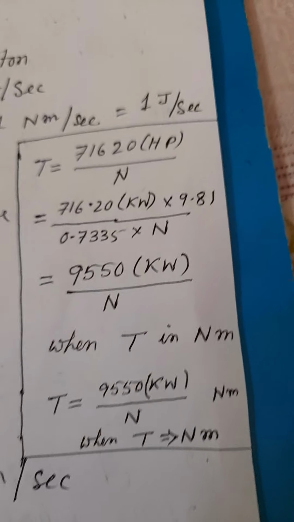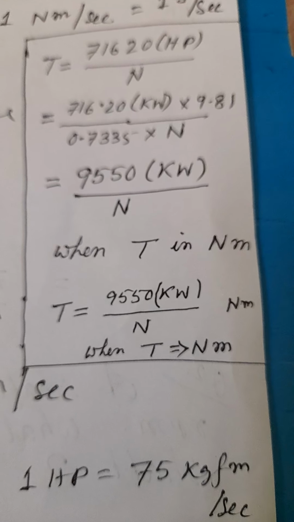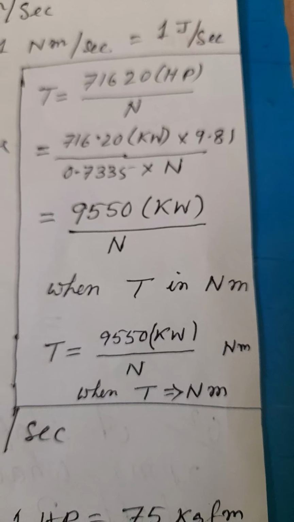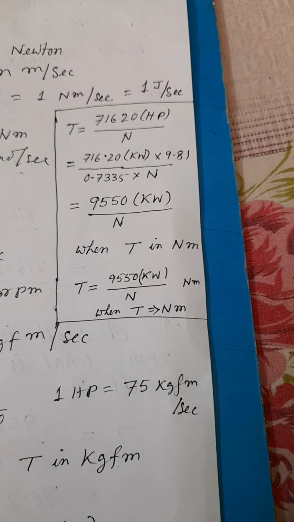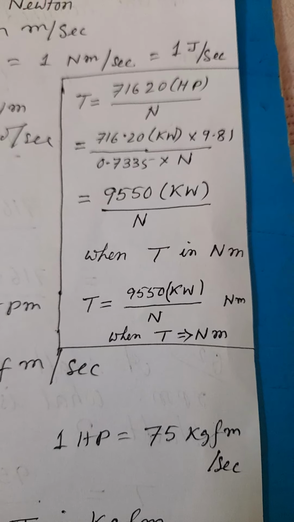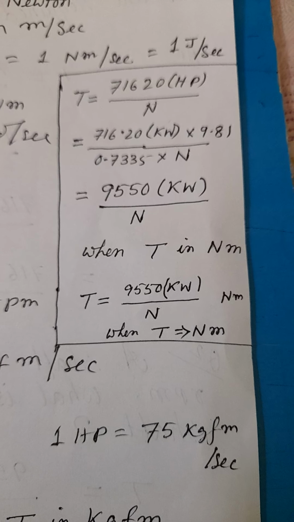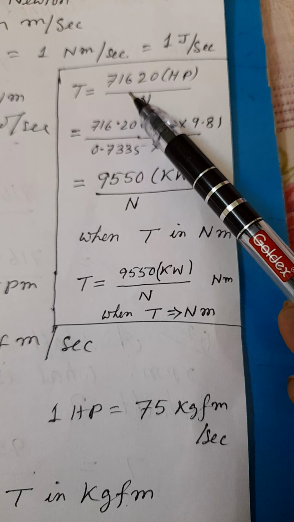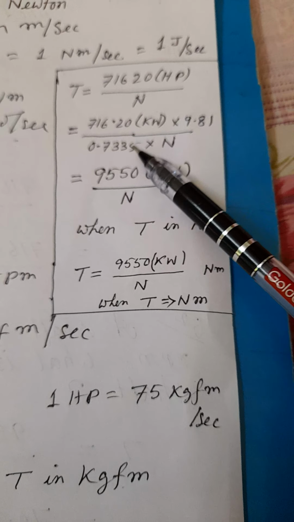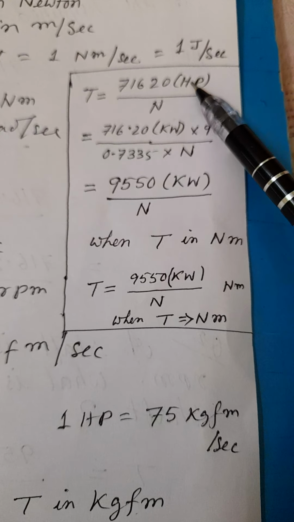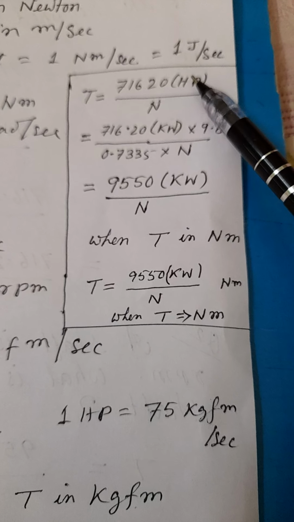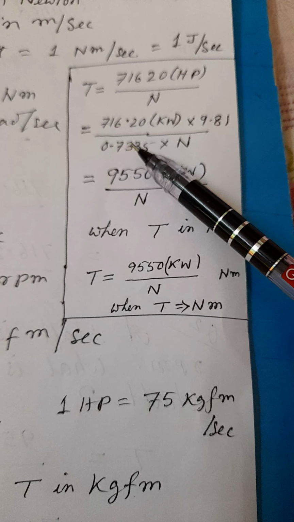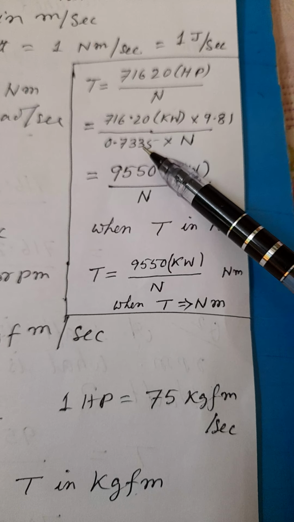Now this is the first formula, this is another formula, and there is another formula. You can use all of these, but you see T is equal to 71620 HP by N, and from here you convert HP to kilowatt. 1 HP is equal to 0.735 kilowatt.